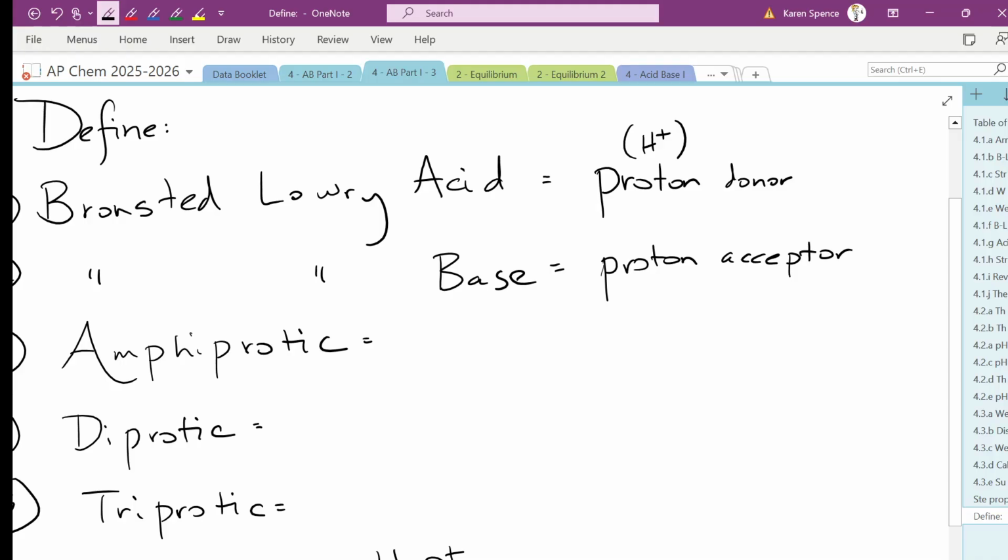What does it mean if a species is amphiprotic? Jaden. Yeah, it's not that it has an acid and a base, it is that it is able to act as both an acid and a base.